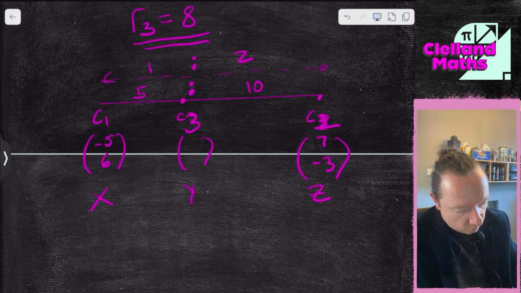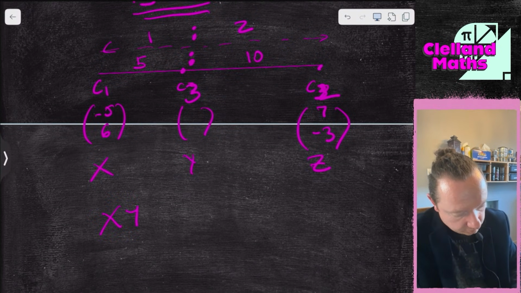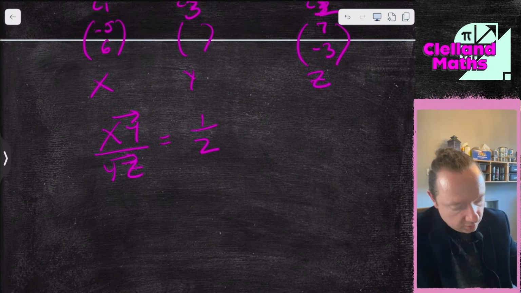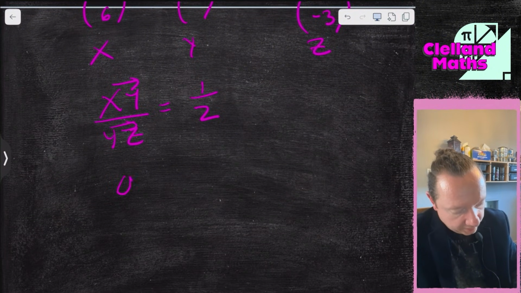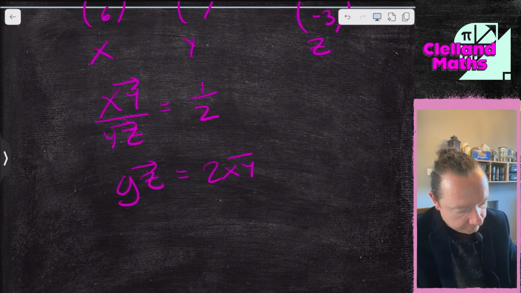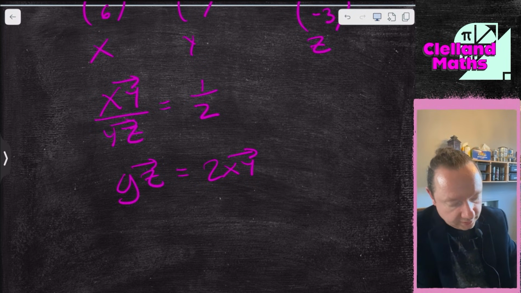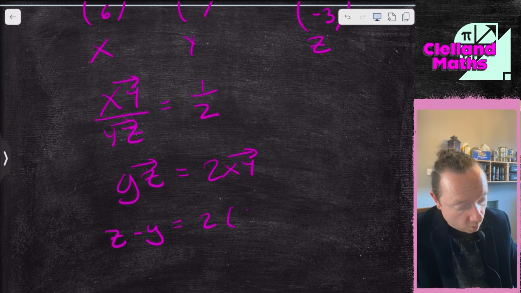So xy over yz equals 1 over 2. That's what I'm thinking about. So that means that yz equals 2xy. So yz is z minus y, equals 2 times y minus x.